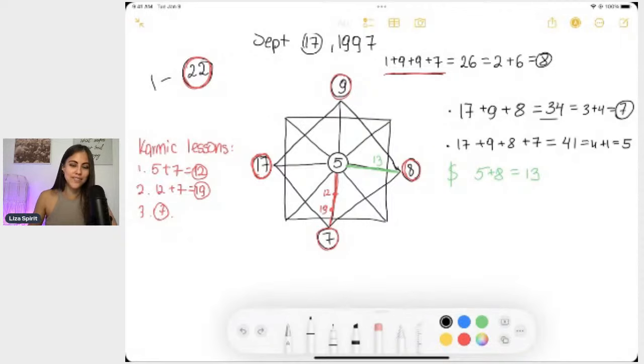So 17 plus 9. In total, we get 8 here because it's 26, 2 plus 6, it's 8. 9 plus 8, we get 17. 8 plus 7 is 15. 17 plus 7. Okay. And in total, we get 6.